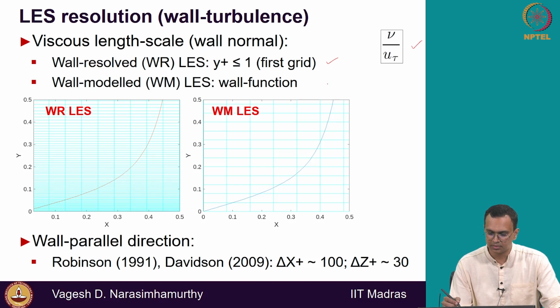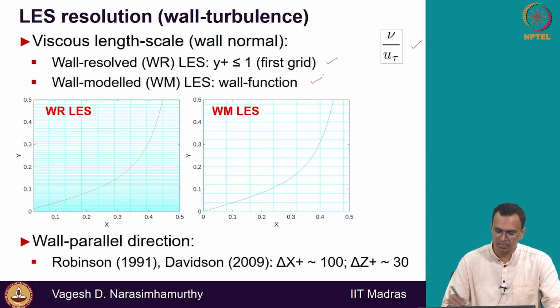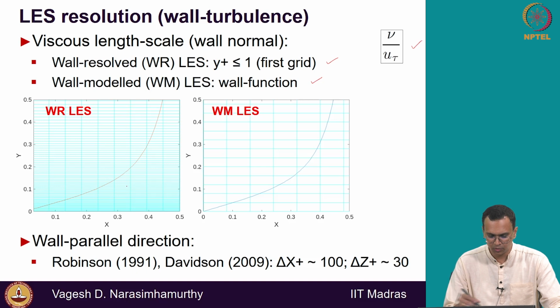So for that, in some cases if you can afford to not resolve the wall, if wall effects are not so important to you, you can use a wall function, that is called a wall modeled LES. I am just giving a schematic representation here, these are not exact data, just showing you the mesh, how it would perhaps look like in a wall resolved LES and a wall modeled LES.